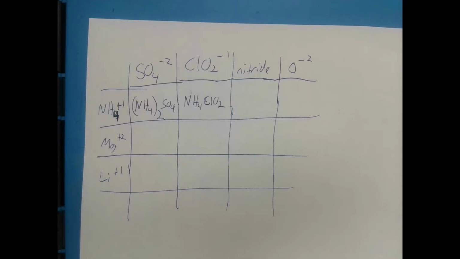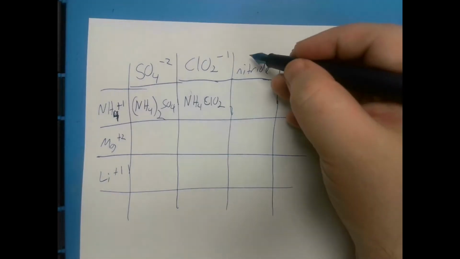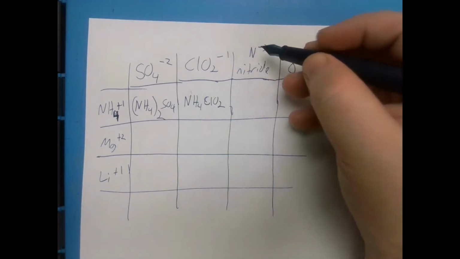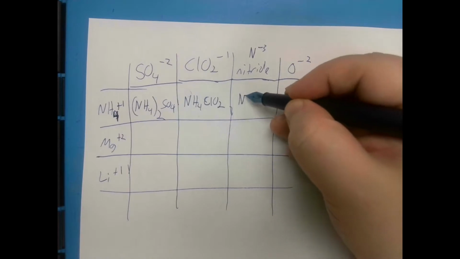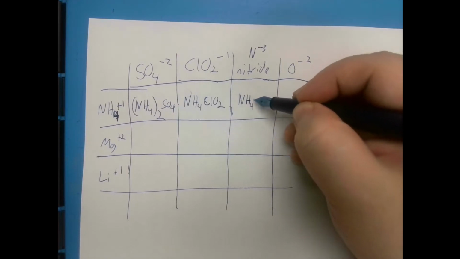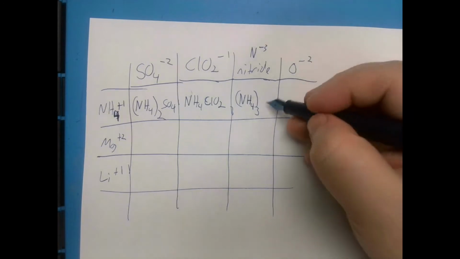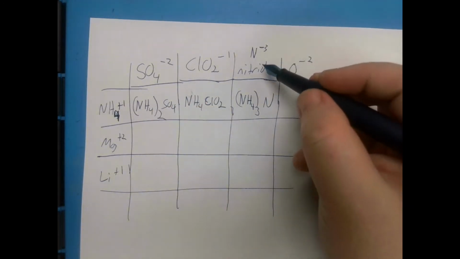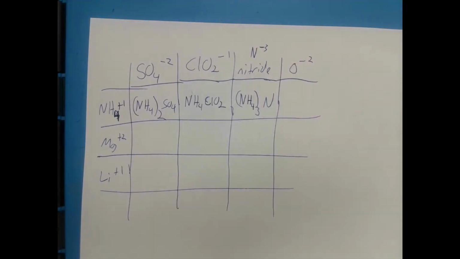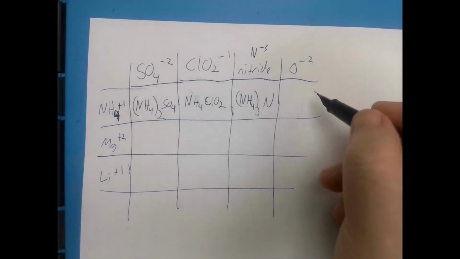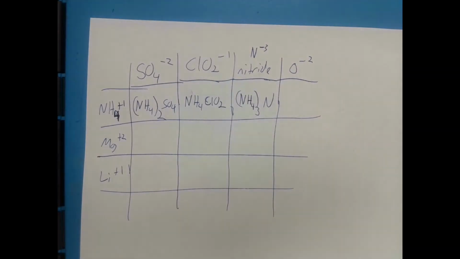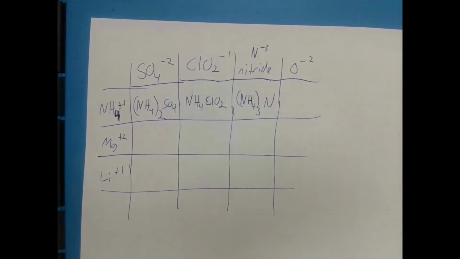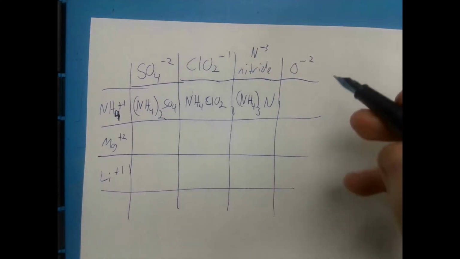Nitrate has negative 3, so then it would be Mg negative 3. We're doing this one. NH4, and you need 3 plus 1 charges to counteract the negative 3 on nitride. Nitride, even though I use the word, is just N negative 3, but you should at least recognize that nitride is N negative 3, and it just represents like that. Otherwise, you'll miss the whole column.